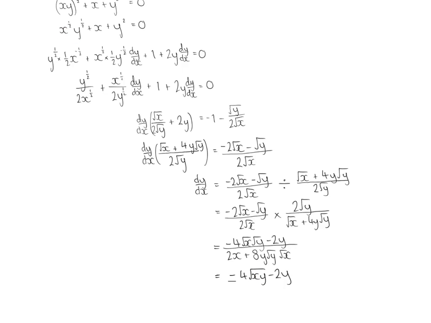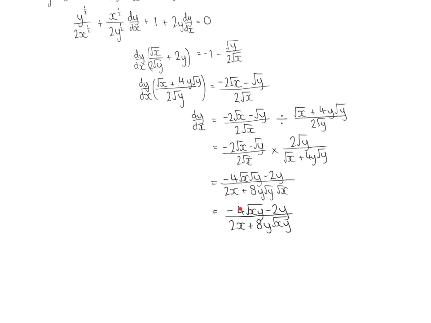It looks a little bit neater. Root xy. And then we've got a factor of 2 in every single term here. So we can cancel that out because it's a factor of every single term.